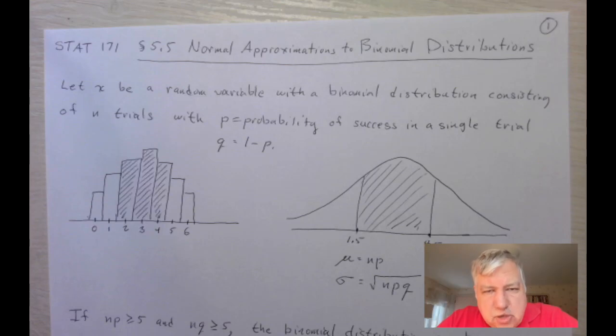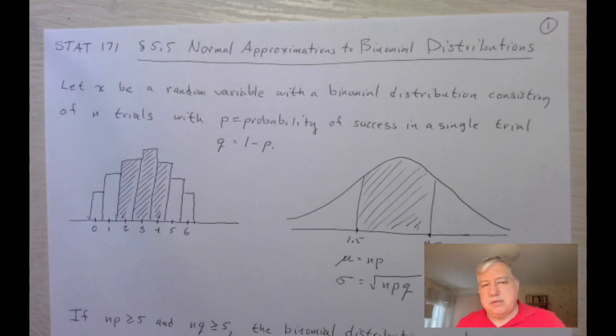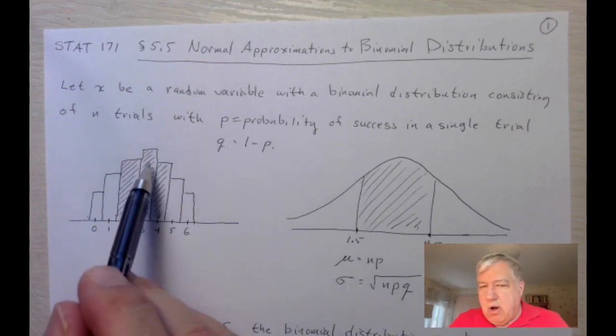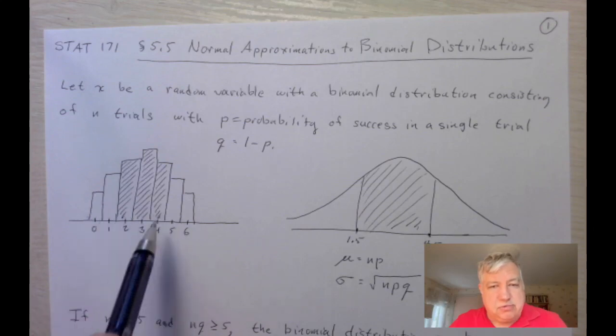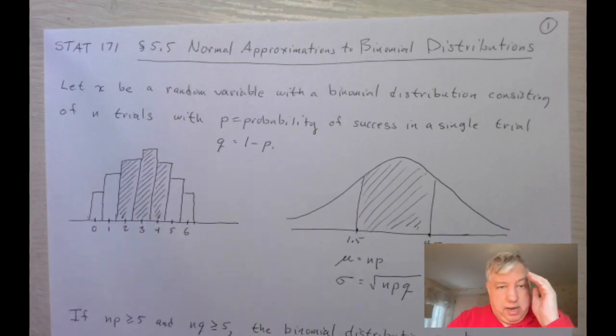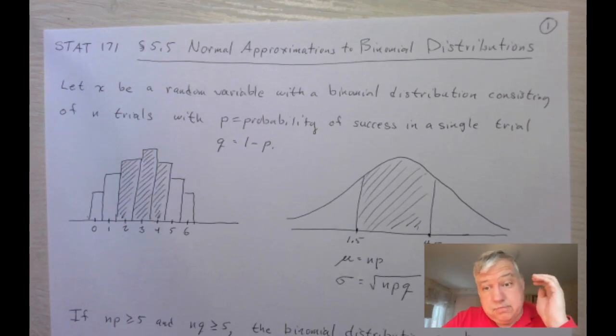Now, you'll see that in many cases, if n becomes very large, and we plot all these rectangles together, it kind of looks like a normal curve, in the sense that the tallest rectangles are in the center, and the shorter rectangles are towards the ends.